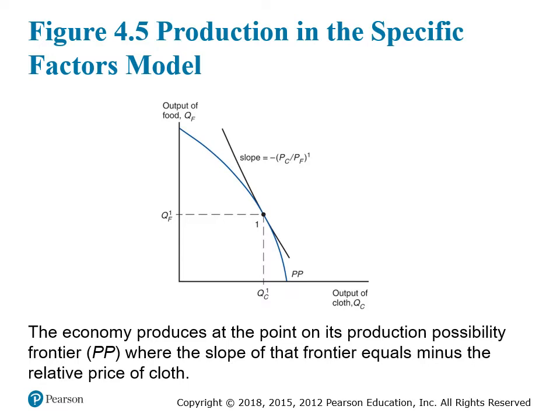To put it in simple words, the economy will produce at the point where the relative prices of the two goods are equal, so that the wages of those who work in the food industry are relatively equal to those who work in the cloth industry.